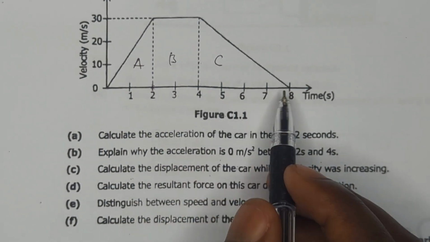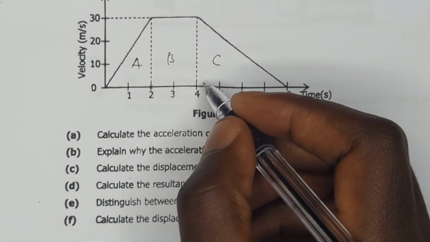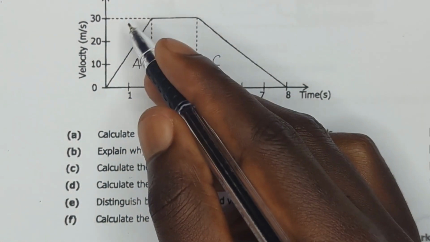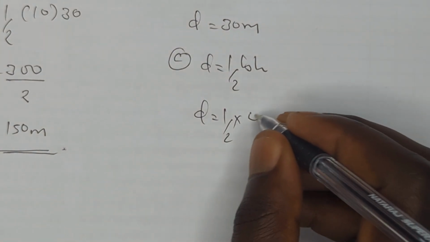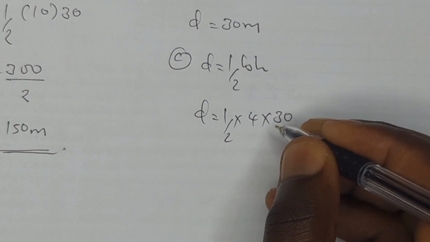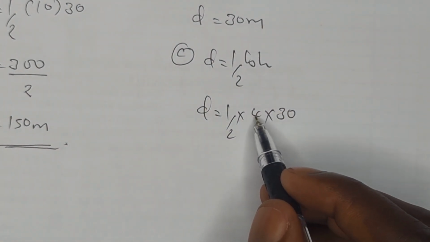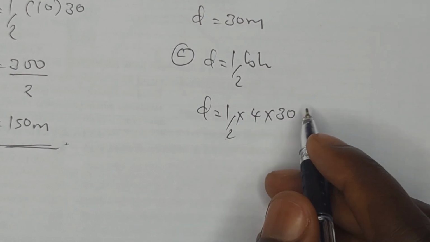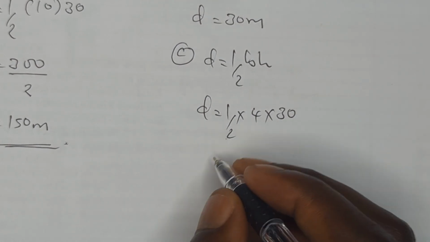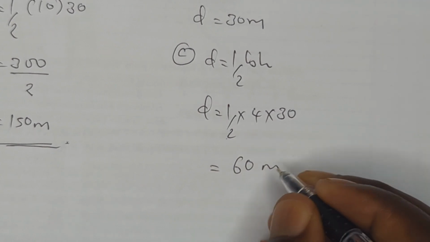So the difference here, 8 minus 4, that is 4. Our height, it is the distance from this point to that point, which is 30. So our B, that is 4, multiplied by 30. So we can simplify this. 2 into 4, that is 2. 2 multiplied by 30 gives us 60 meters.